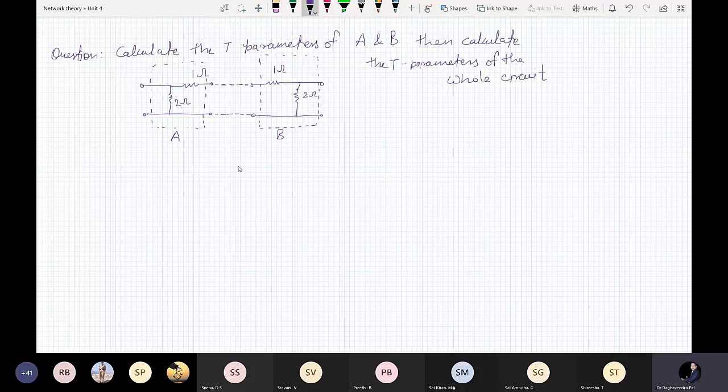Okay, like this, it is connected. So now first, this is this small circuit. So let us redraw it, and we will solve it for ABCD parameters.